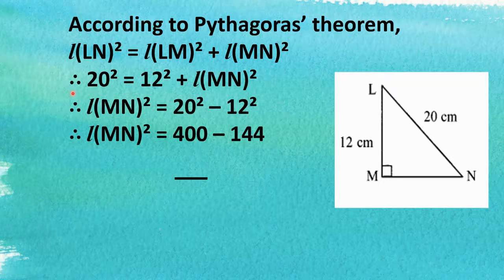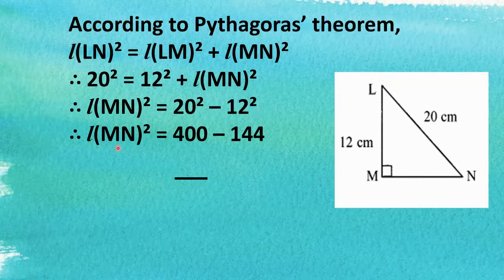Therefore 20 square is equal to 12 square plus length of MN square. So now we will take 12 to the other side, it will become minus. So length of MN square is equal to 20 square minus 12 square.